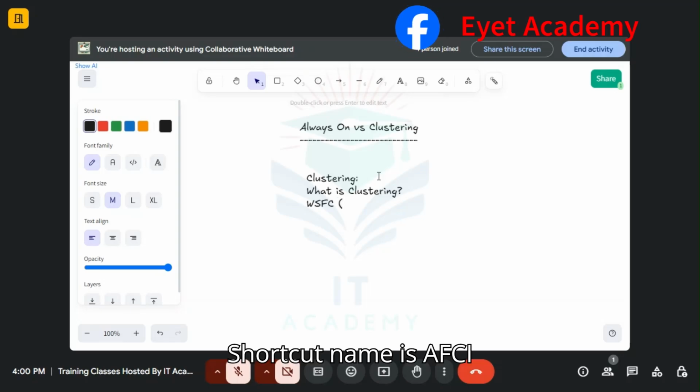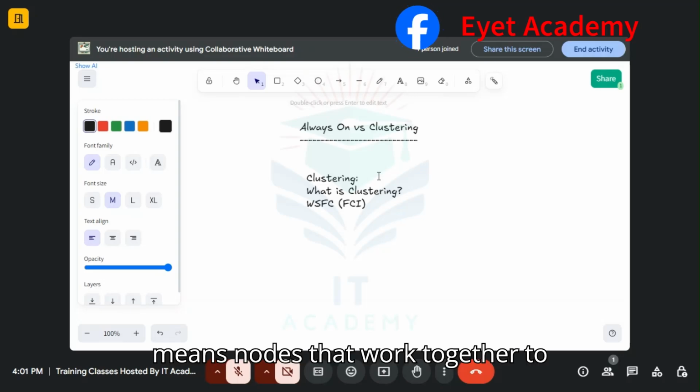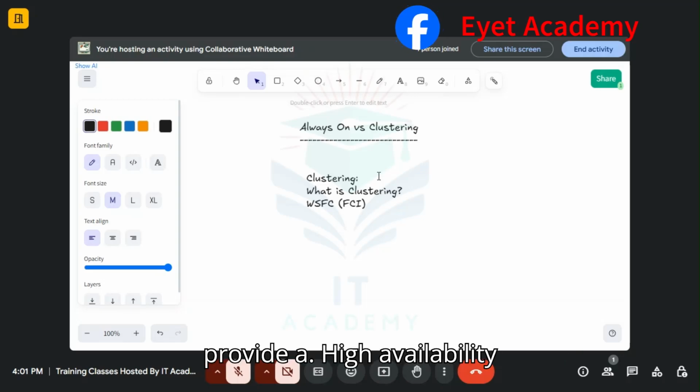Shortcut name is FCI, Failover Cluster Instance. Second point, it involves a cluster of servers, meaning nodes, that work together to provide high availability for a SQL Server instance.